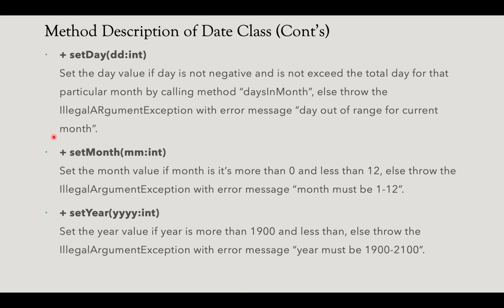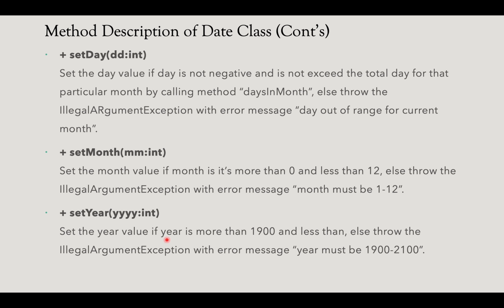All right, so we're going to have the set month. We're going to set the month value if the month is more than 0 and less than 12. Else throw the IllegalArgumentException again. So this is about the exception message, how you show the exception. All right, then the last one, we're going to set the year.